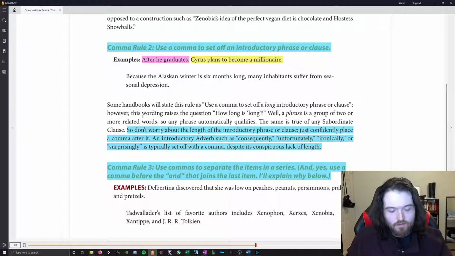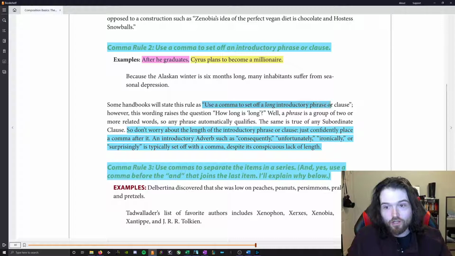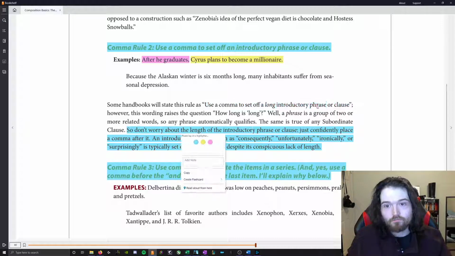I have seen tons of people completely confused on comma usage. A lot of handbooks and teachers say wrong things, like little sayings like this: use a comma to set off a long introductory phrase or clause. Well, what does long mean? It's subjective, right?